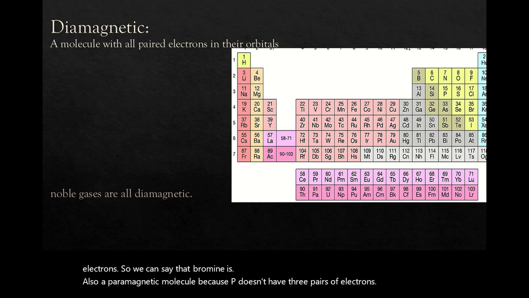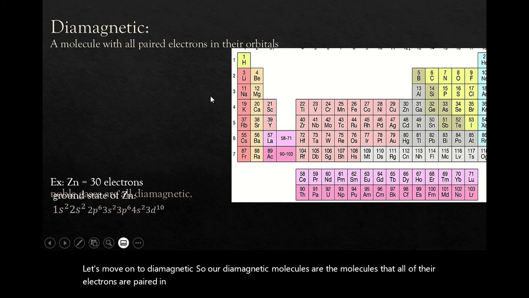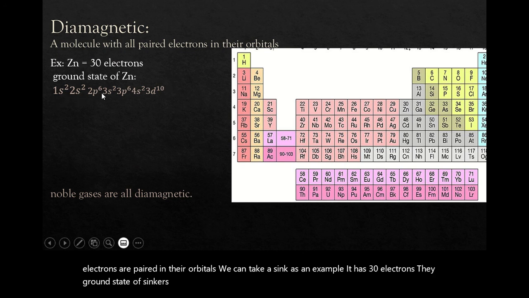Let's move on to diamagnetic. Diamagnetic molecules are the molecules that have all of their electrons paired in their orbitals. We can take zinc as an example. It has 30 electrons. The ground state of zinc is 1s2, 2s2, 2p6, 3s2, 3p6, 4s2, 3d10.